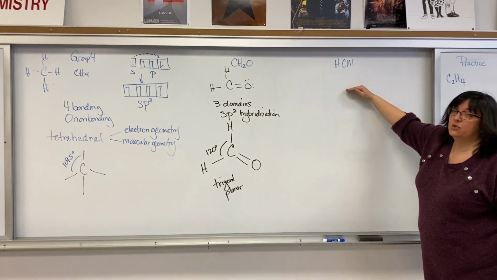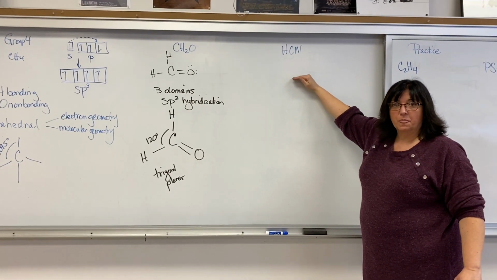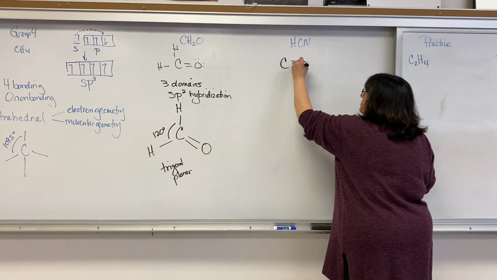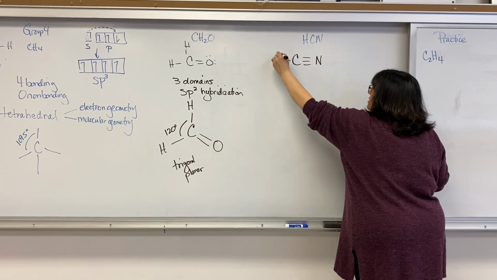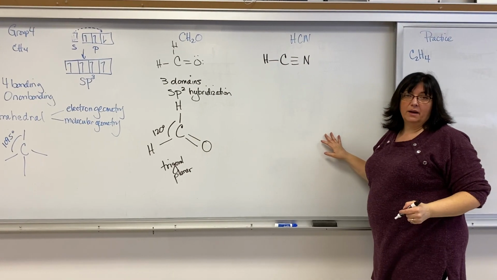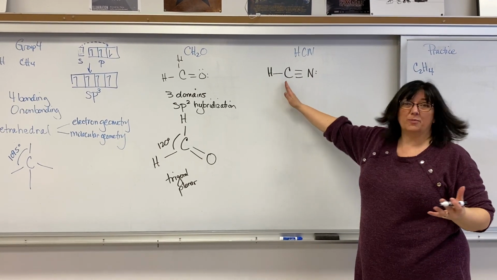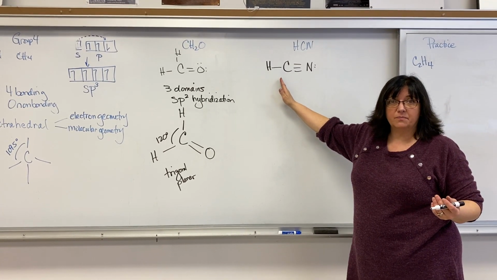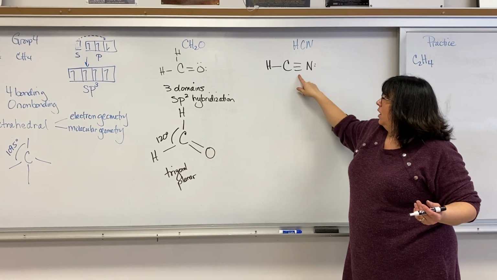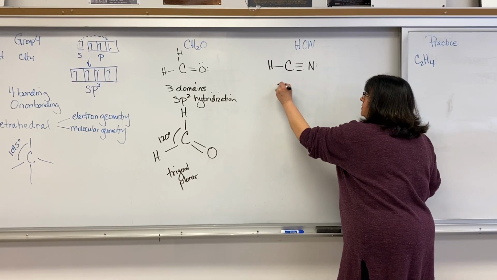If I go to HCN, okay, draw the Lewis structure, I've got a triple bond to nitrogen, single bond to hydrogen. Yep, nitrogen's 2 electrons are still there, but they're irrelevant because carbon's our central atom. That's what we care about. So 1, 2 domains.